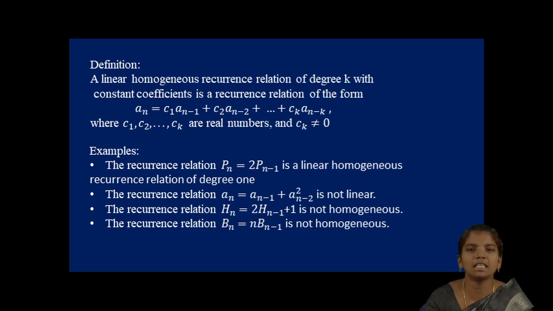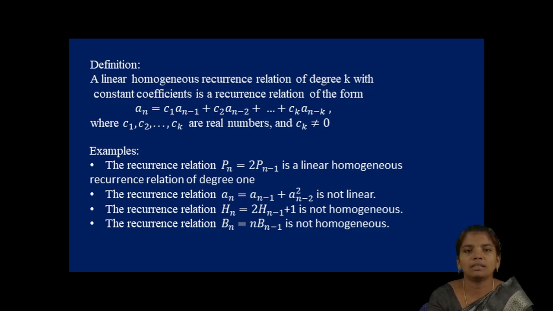The recurrence relation P_n equal to 2 P_(n-1) is a homogeneous recurrence relation of degree 1. Another example, the recurrence relation a_n equal to a_(n-1) plus (a_(n-2)) whole squared, is not linear because a_(n-2) occurs twice.